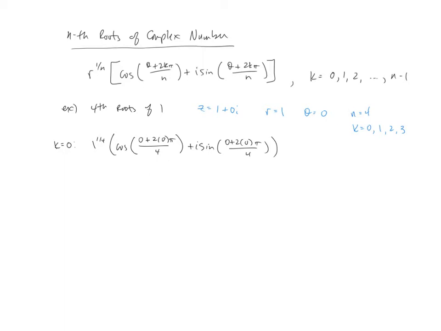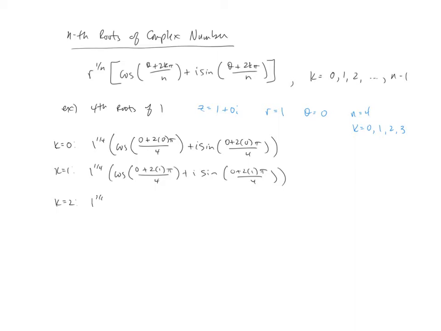Now I'll keep going with k equals 1. So we'll pretty much have a lot of the same stuff. The theta value is still 0, but now the k being 1 changes it slightly. So I'll go ahead and write this one down as well. And I'll do the same thing now for k equals 2 and for k equals 3.